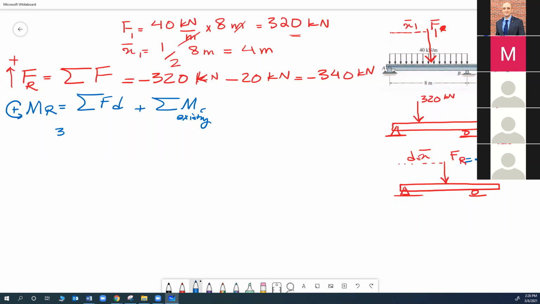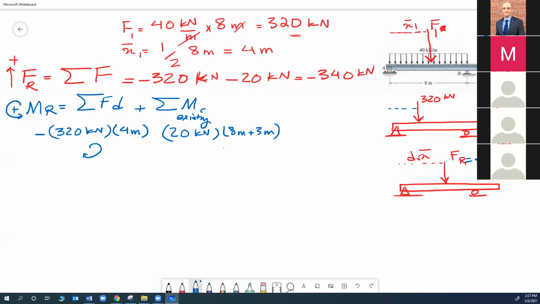So for the summation of FD, it's going to be 320 multiplied by the distance, which was 4 meters. And this is going this way, against my sign, so it's going to be negative. Moving on, I get to that 20 kilonewtons multiplied by the distance, so it's 8 meters plus 3 meters.